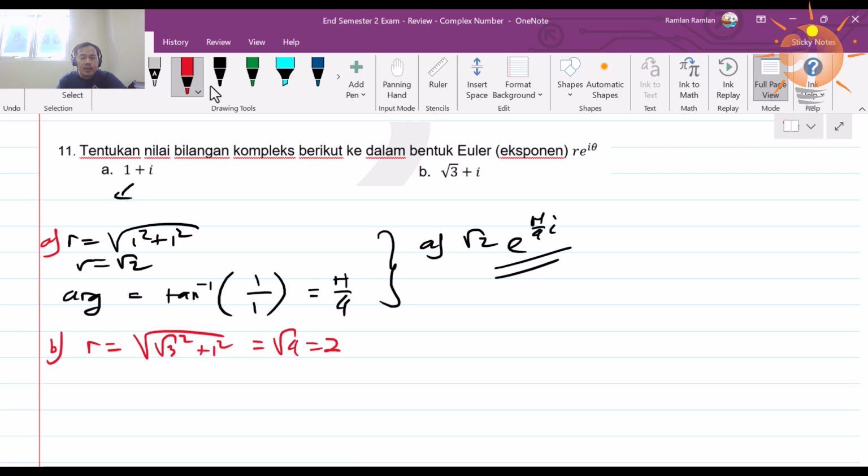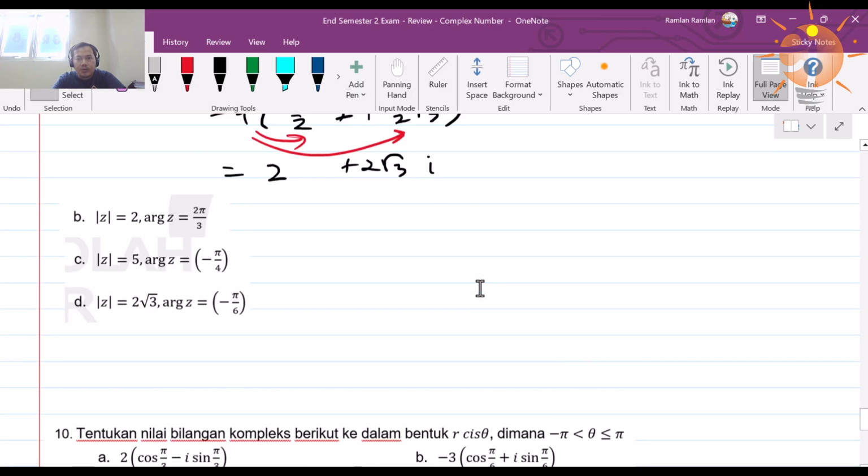Now as for the argument, the same thing as before, we have the first quadrant because both of them are positive, so that'll be less than pi on 2, and that'll be equal to tangent inverse of y, which is 1, over the square root of 3. We already did this, right?